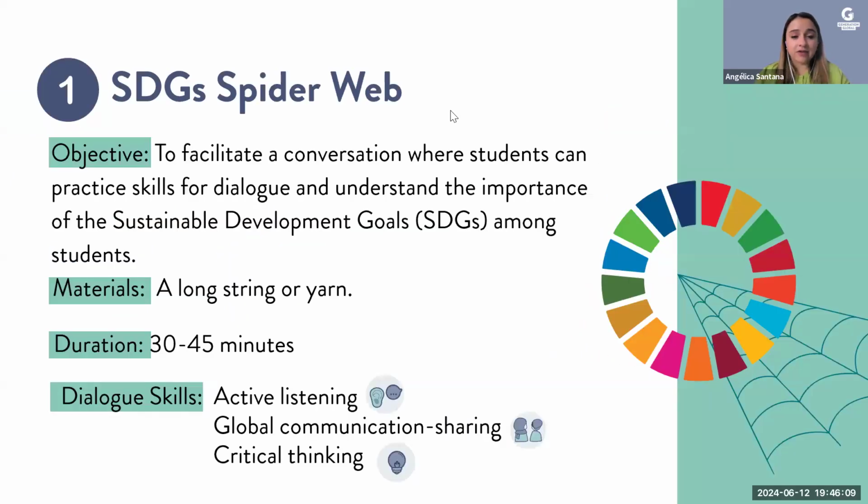And it's a very, very simple activity. It helps you get started if what you're trying to do is bring your students closer to the understanding of the SDGs.